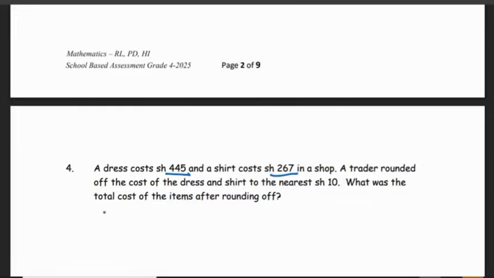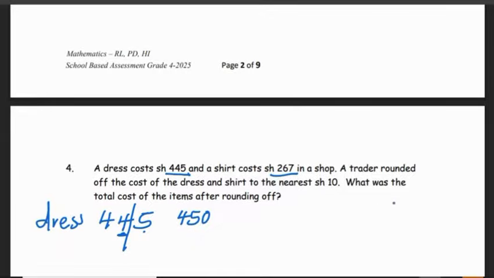The first one, we have 445: ones, tens. So we look at the number that was there before we get to the tens. Is it 5 or more than 5? Yes. So we round up by adding 1 to 4. So we're going to have 450. And this one is for the dress.